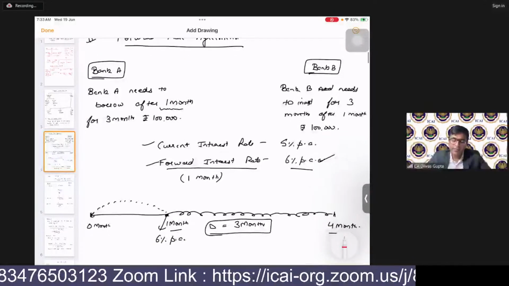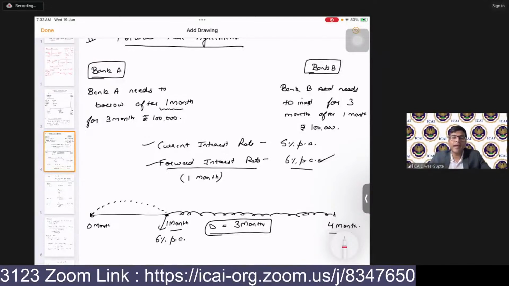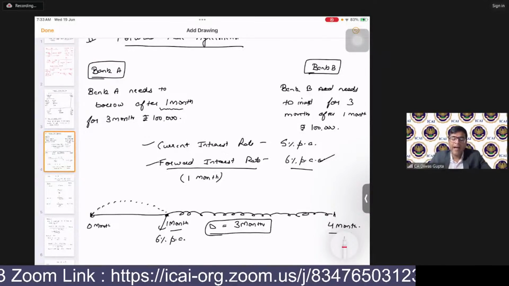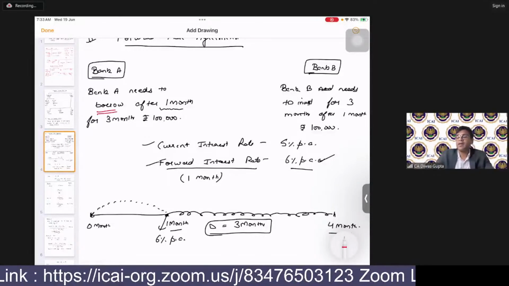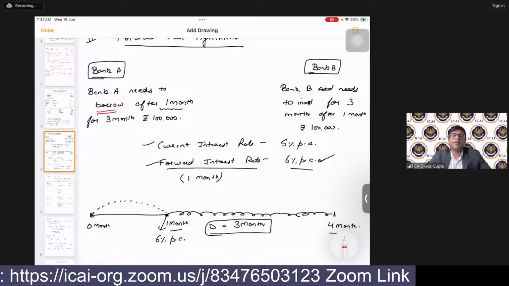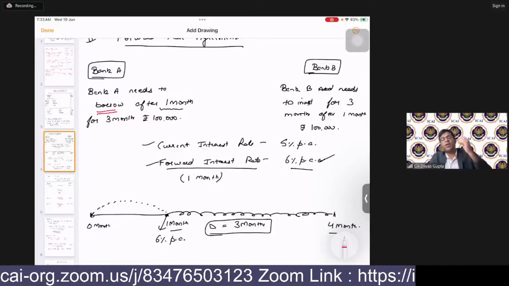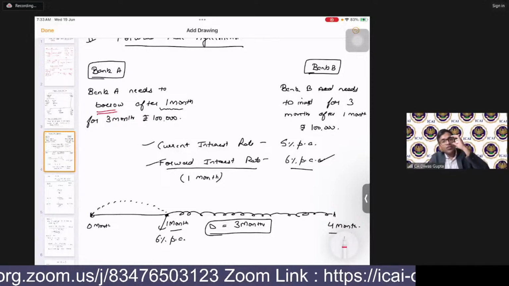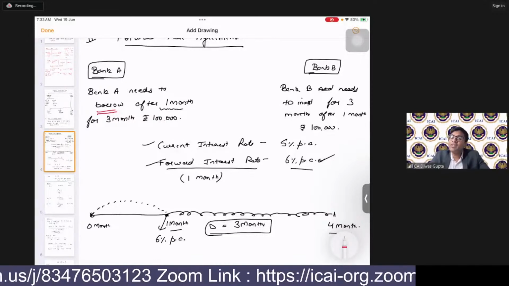Now, forward rate agreements: let's take an example of two banks, Bank A and Bank B. Bank A needs to borrow. So, students, whenever we talk about interest rate risk, we have to be clear what situation we are dealing with. If the situation is that of the borrower, things will be very different.